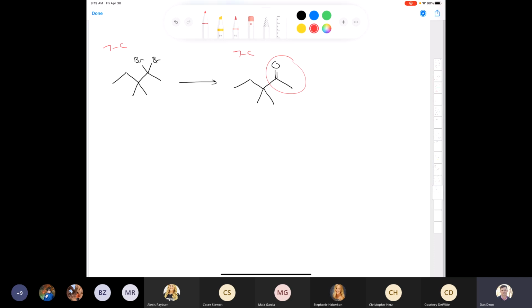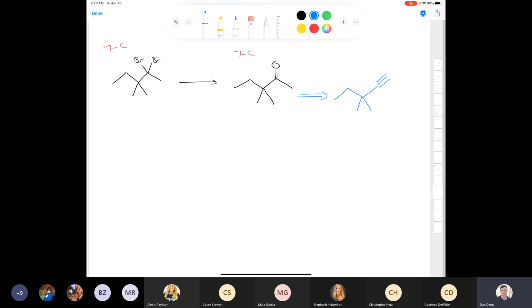So the only real option in terms of starting materials would be to start with the alkyne. If we had this terminal alkyne, all we have to do is a Markovnikov addition of water across that, which is going to form the enol, which will tautomerize to give us the methyl ketone.